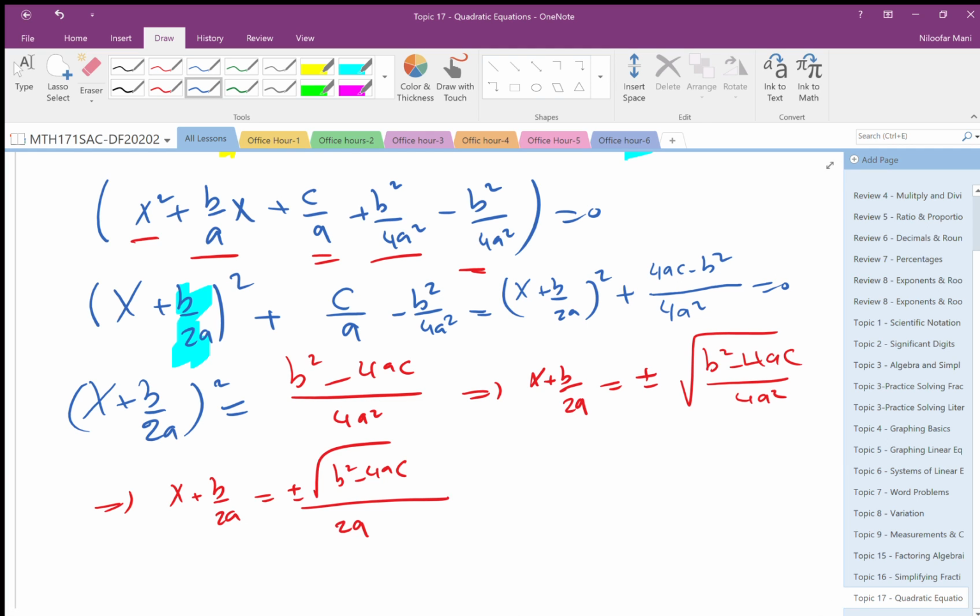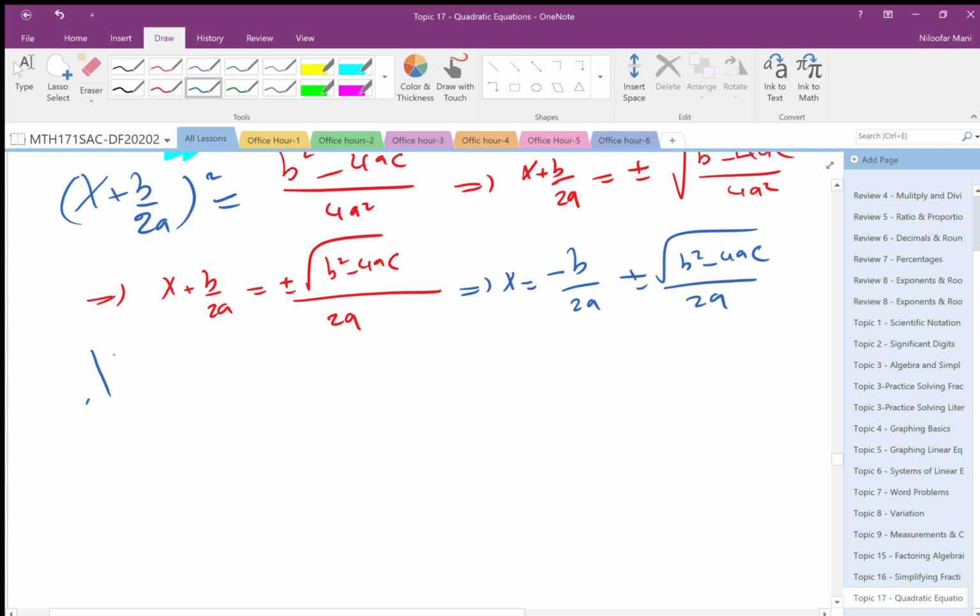Okay, so now I can say x is minus b over 2a plus minus radical b squared minus 4ac over 2a. Okay, and x is minus b plus minus radical b squared minus 4ac over 2a.